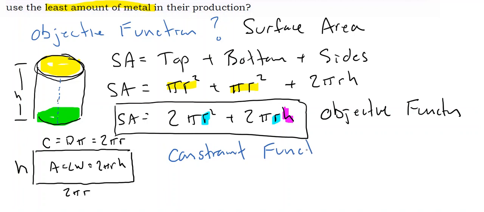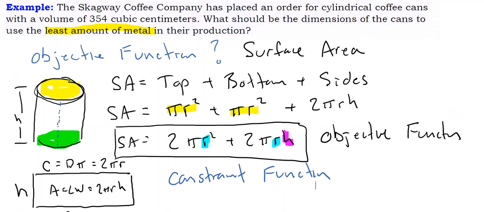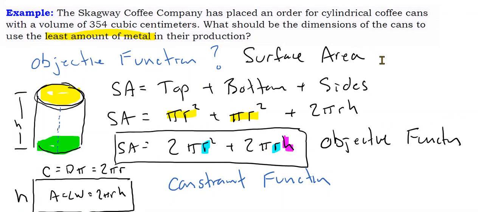So we have to go back to the problem and ask, where is our constraint in this? The only other information that we're given is that the volume is 354 cubic centimeters. So we're going to have to work with that.